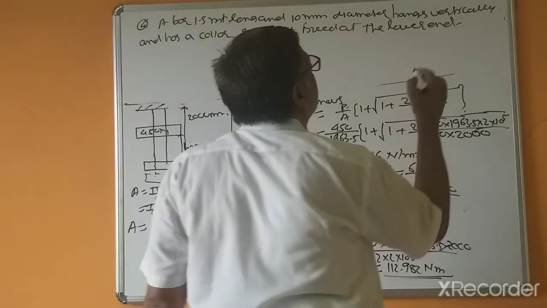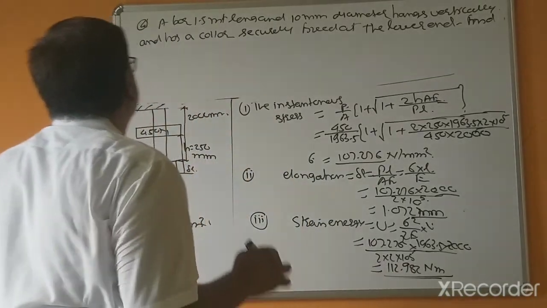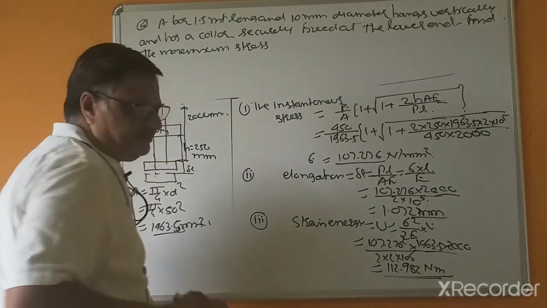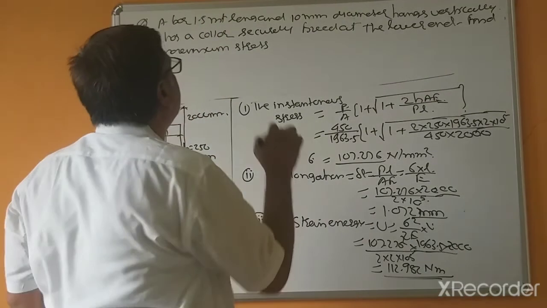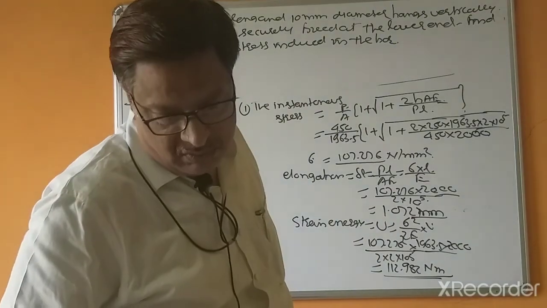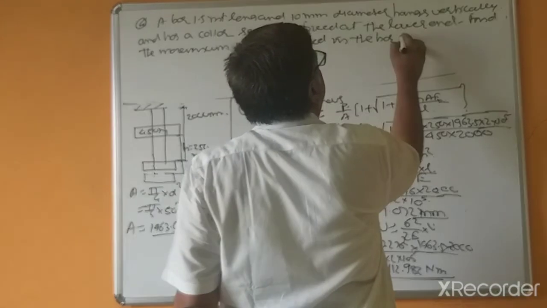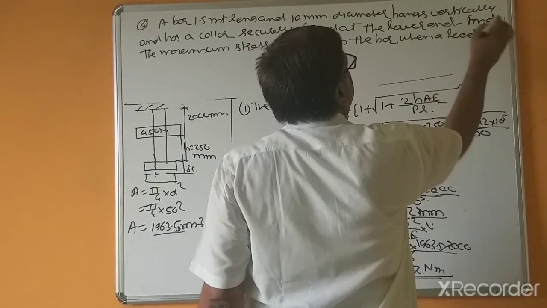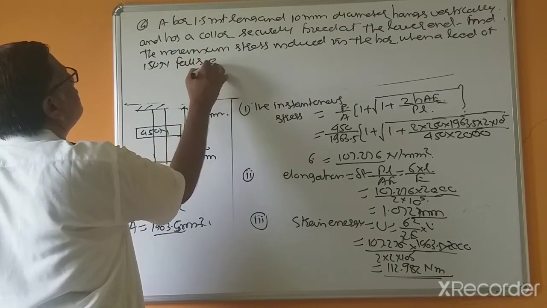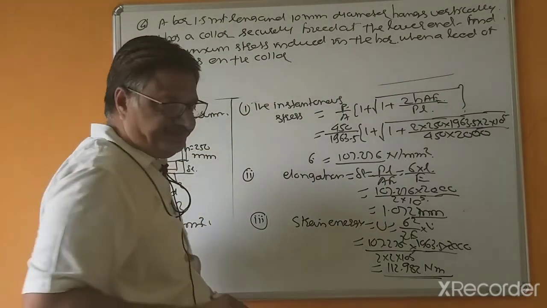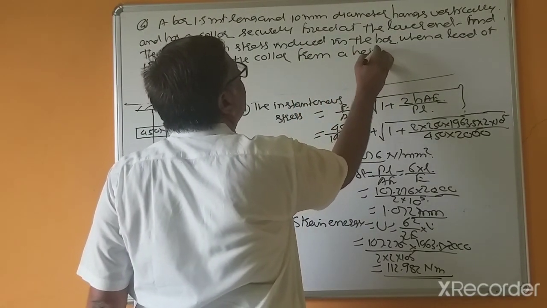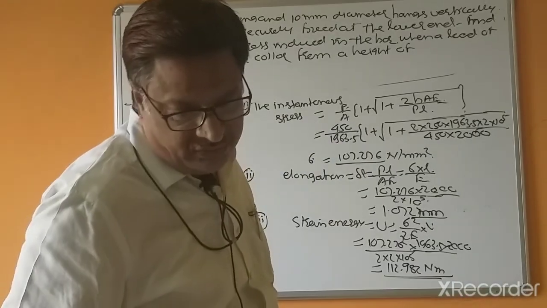Find the maximum stress induced in the bar when a load of 150 newtons falls on the collar from a height of 25 mm.